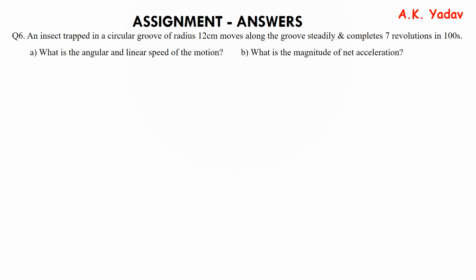Question number 6, an insect trapped in a circular groove of radius 12 centimeter moves along the groove steadily and completes 7 revolutions in 100 seconds. What is the angular and linear speed of motion? What is the magnitude of net acceleration? So what is given to us? R is 12, N is 7, T is 100.